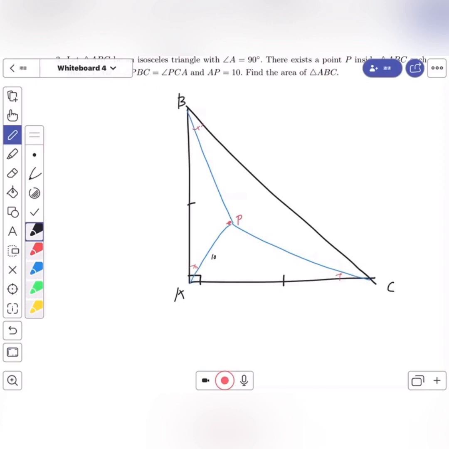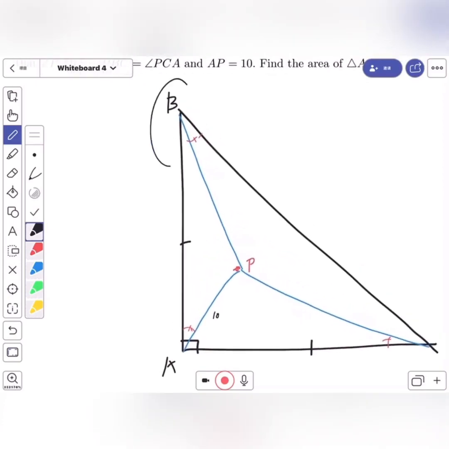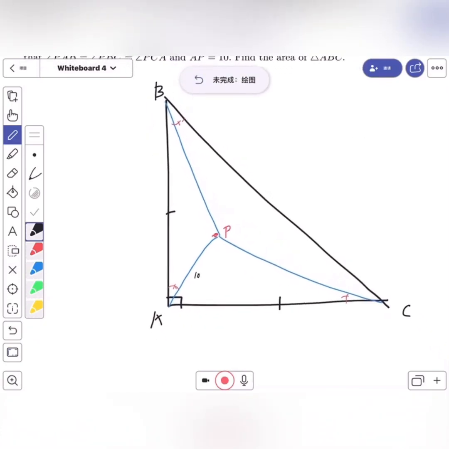But triangles indeed do not work like that, and it seems like we don't even know the angle of PBA, since we only know PBC, but PBA is 45 degrees minus PBC, but we don't know PBC still. We only know that 3 angles are equal, and this length is equal to 10. So how are we going to possibly solve this problem?